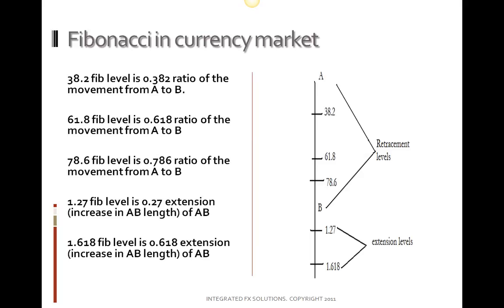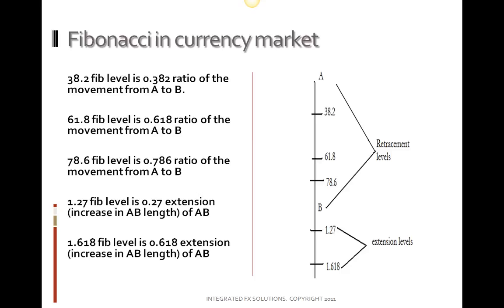Now, Fibonacci in the currency market. Looking at this structural illustration given on the screen, length A to B. Now, the 0.382 Fibonacci number or ratio is the same as the 38.2 Fibonacci level.